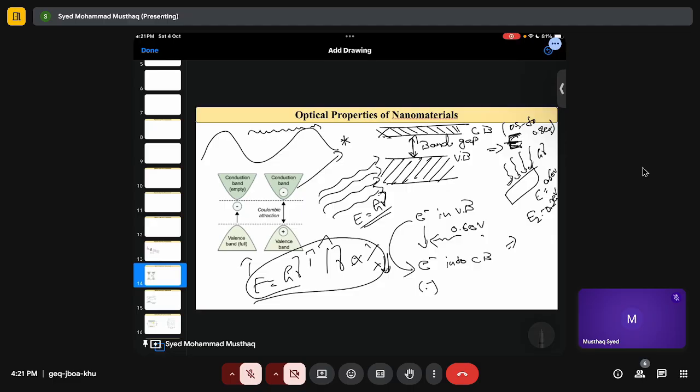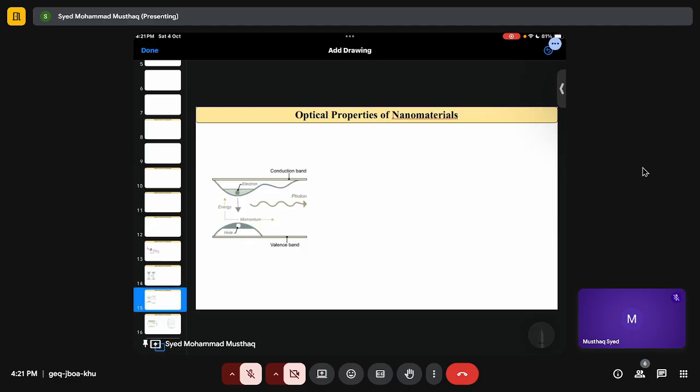Now, we have a photon which is irradiated onto a material, and the electron has jumped. So first, at time t equals t0, this is the conduction band. I will not write conduction, I will write just CB, and this is the valence band. This is my electron.